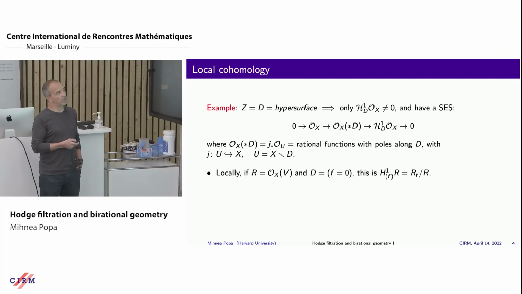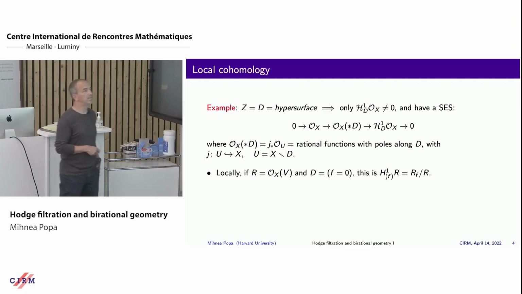If we look at the ring of functions on some open set where D is given by one equation, this is just a localization at f. This is the ring itself, so local cohomology looks like that. This localization module, very basic module.